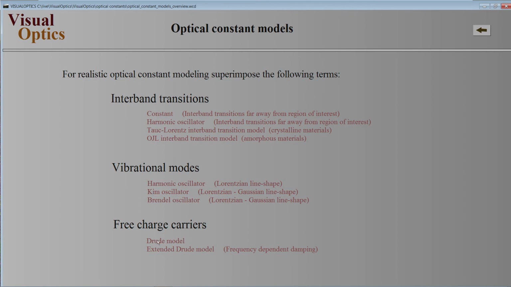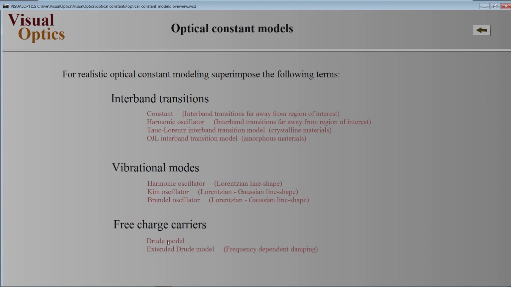For free charge carriers, I have to recommend 2 models. In most cases, you will be successful with a very classical, very simple Drude model, just 2 parameters, the plasma frequency and the damping constant, and the 2 parameters correspond to the mobility and the carrier concentration. So it's also very easy to apply and very successful for all kinds of metals and lightly doped semiconductors.